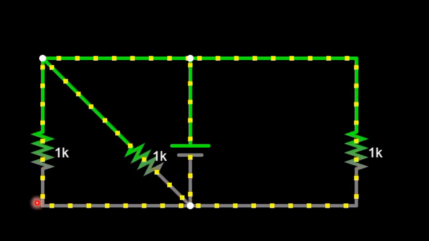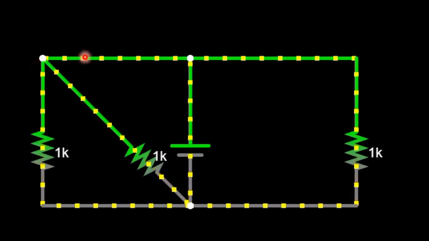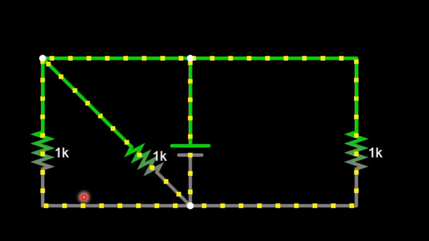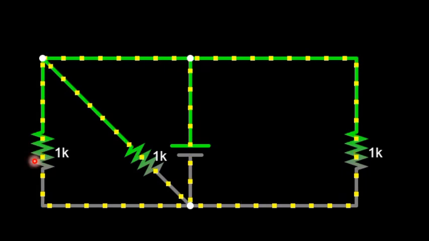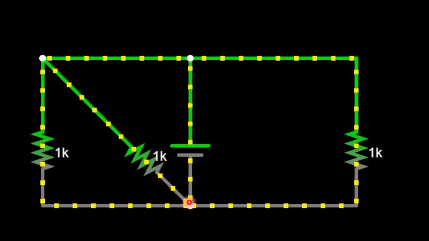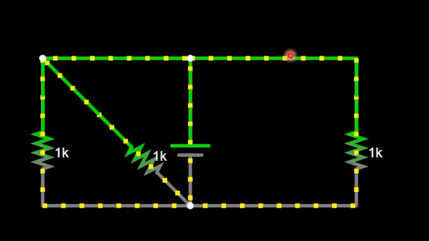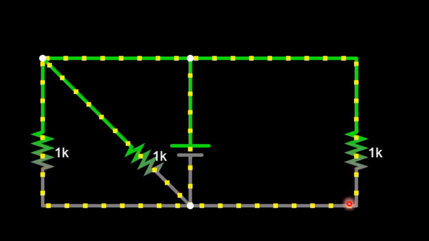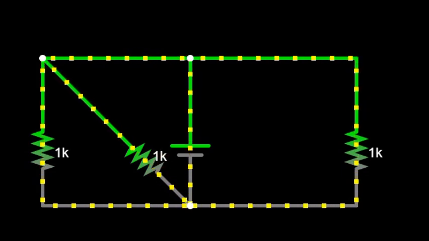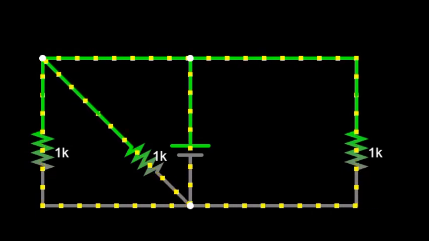Then we can also circle from here, and move back here. They are also in parallel. This one and this one are also in parallel. Then we can also move from here all the way down, then back, telling you that this and this are in parallel. Basically, that is the analogy for parallel circuits.